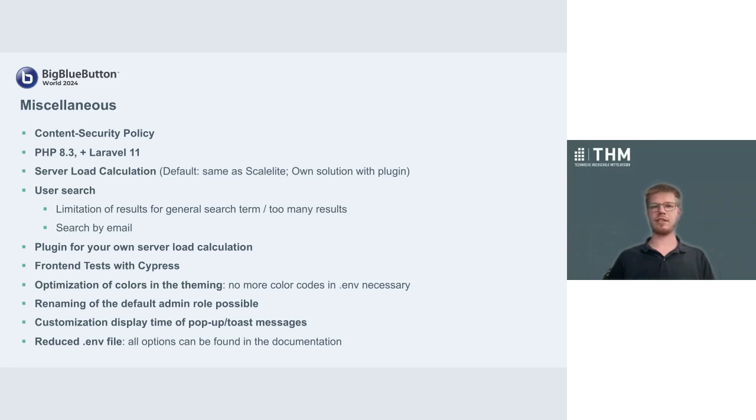And so this is one of my last slides on the other changes that are introduced here. So one thing was focusing on the security. We added some content security policy, and we updated some packages. We changed this load calculation, but you can also customize this if you develop your own plugin.